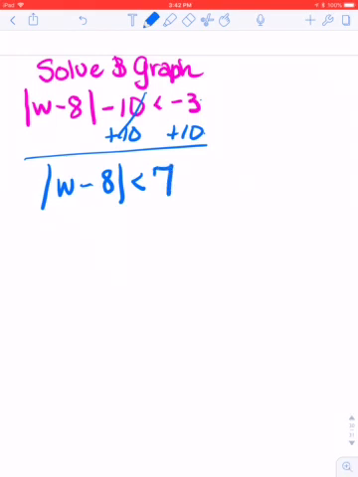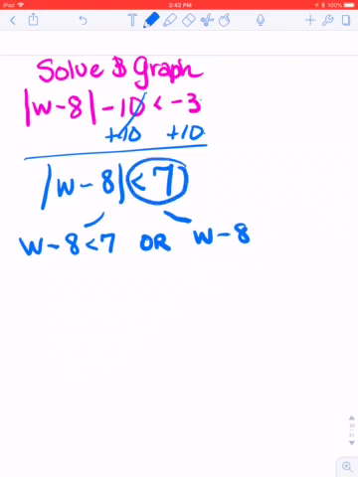Now that the absolute value is by itself, I can do my two branches. So w minus 8 is less than 7 is the first one, just dropping the absolute value bars. In the second one, w minus 8 is there, but remember, we're taking that piece right there and flipping the sign and the sign of the number. So less than becomes greater than, and positive 7 becomes negative 7.